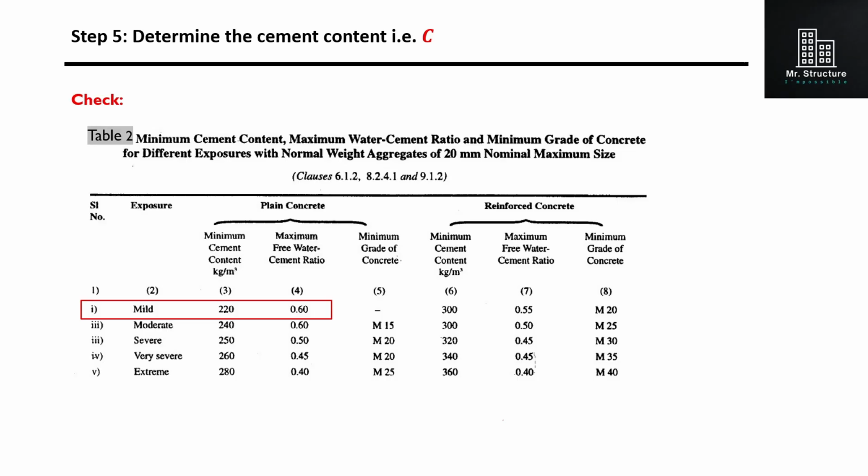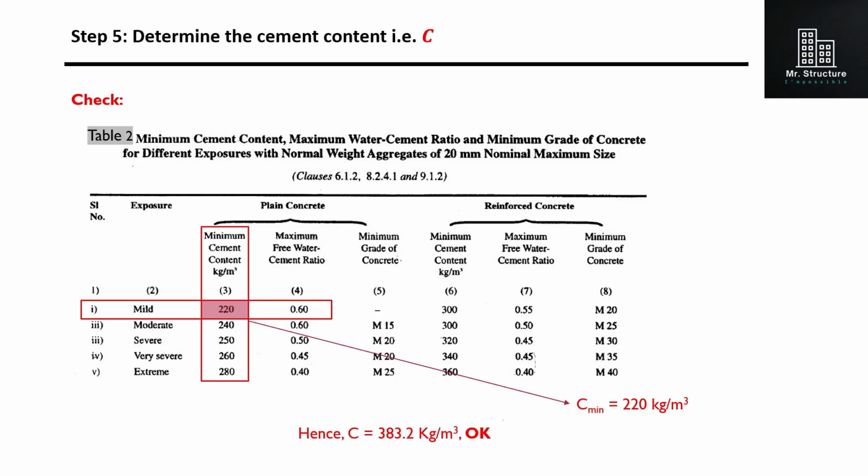For mild exposure condition and for plain concrete, the minimum cement content is found to be 220 kg per meter cube, which is the minimum cement content required. Since our value is higher than this minimum value, our cement content will be equal to 383.2 kg per meter cube.